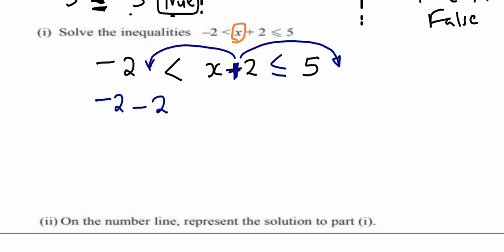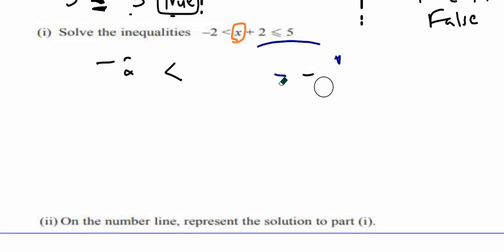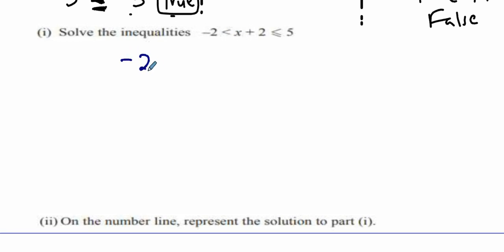Now, if that is looking confusing, another approach could be this one. Maybe let me move with this approach. We have negative 2 is less than x plus 2 is less or equal to 5. Let me use this concept here.